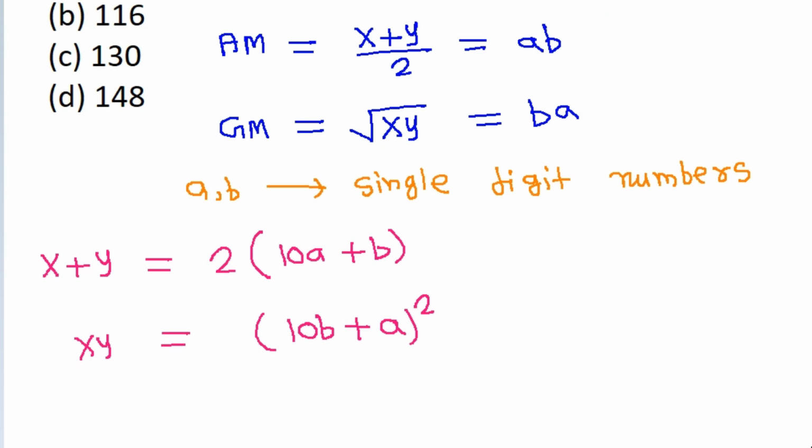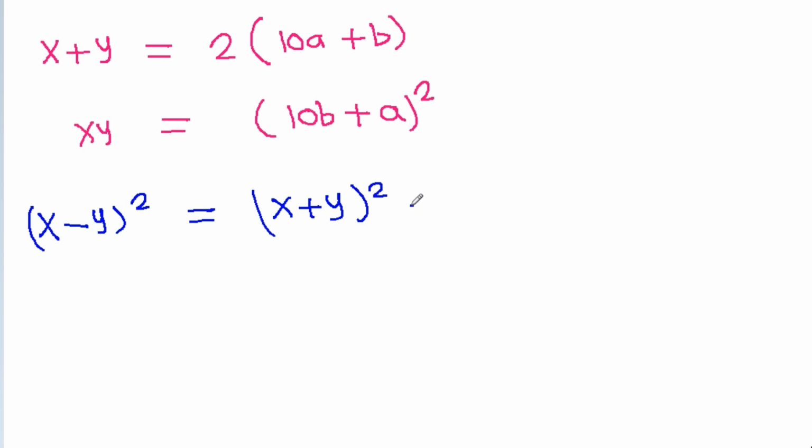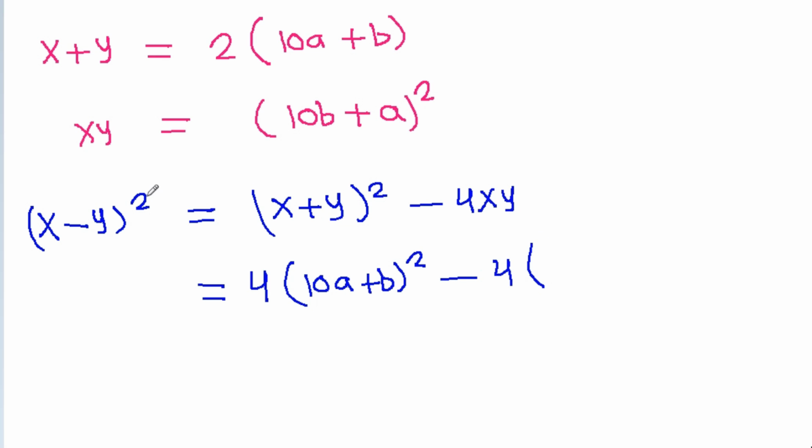And we know that (x minus y) whole square is equal to (x plus y) whole square minus 4xy. And we have x plus y is equal to 2 times (10A plus B). So (x plus y) whole square will become 4 times (10A plus B) whole square, minus 4 times xy, which is equal to (10B plus A) whole square.